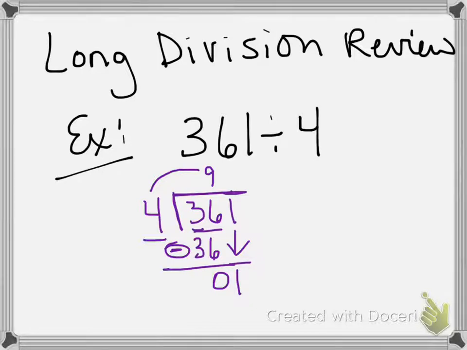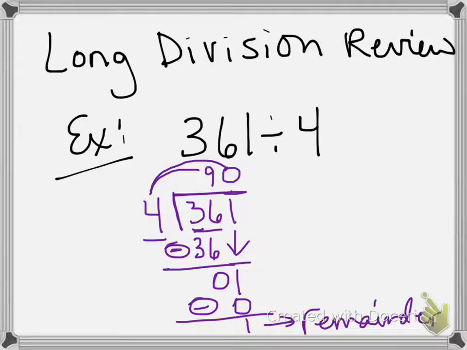No, it doesn't. So I would say, how many times does 4 go into 1? You'd have to multiply by 0, because it goes in there 0 times. Then 0 times 4 gives me 0, and I subtract and end up with 1, and this is called my remainder.